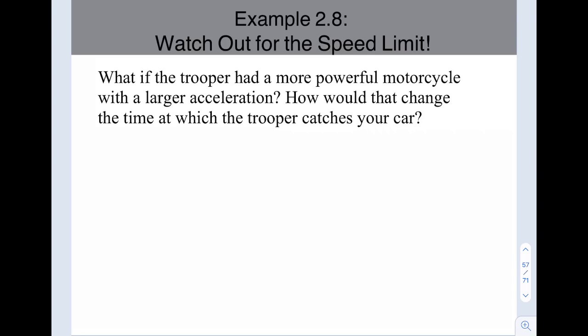Another part is, what if the trooper had a more powerful motorcycle with a larger acceleration? How would that change the time at which the trooper catches your car? If it has a powerful engine, bigger acceleration, then t will be less than 31 seconds just now, isn't it?